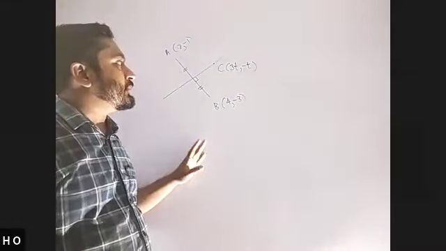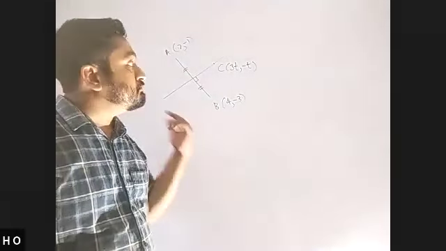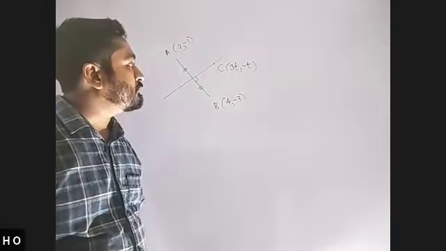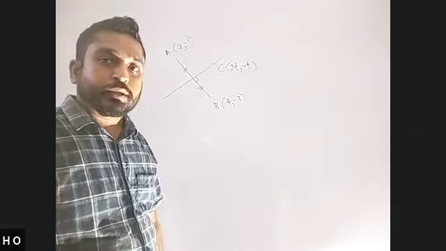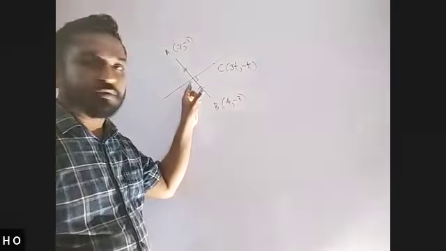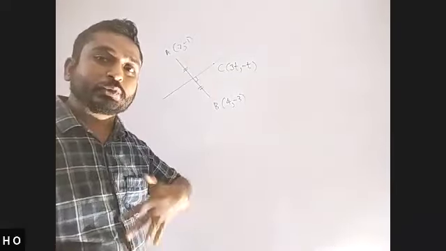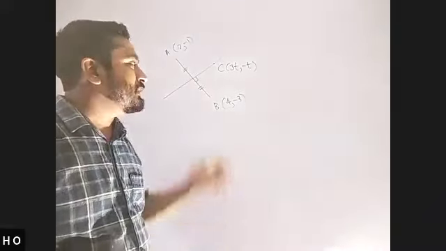To use that data, as far as C lies on the perpendicular bisector of AB, it can be either the midpoint of AB or any other point, but they haven't told us in particular it is the midpoint.